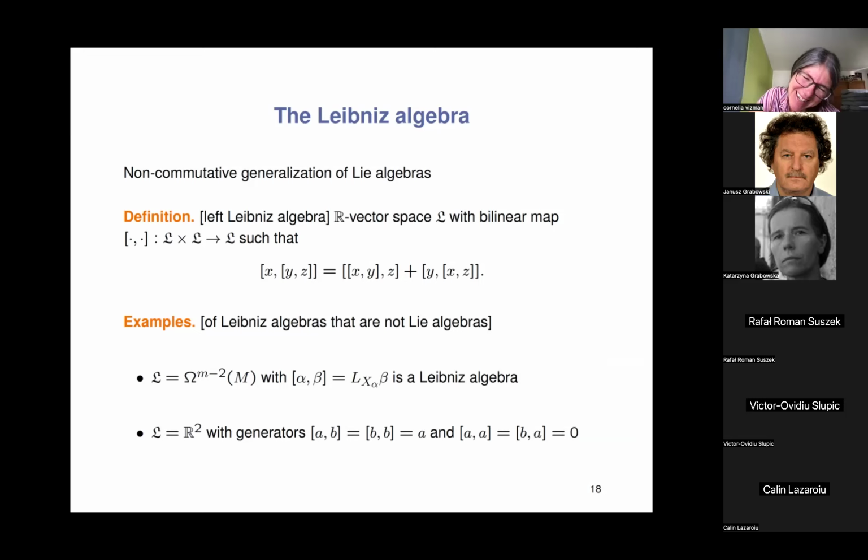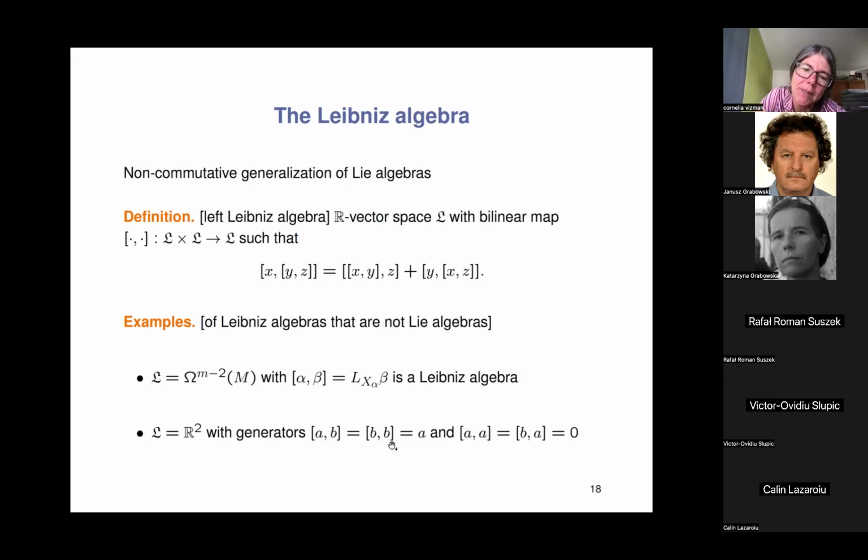Even this simple example on R2 is a Leibniz algebra that is not a Lie algebra. We can recognize that it's not a Lie algebra through the ideal of squares, the ideal generated by the squares.